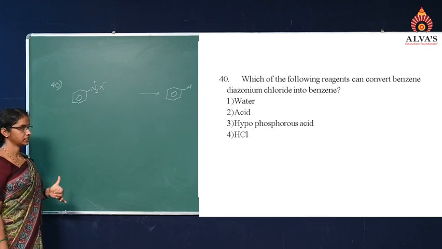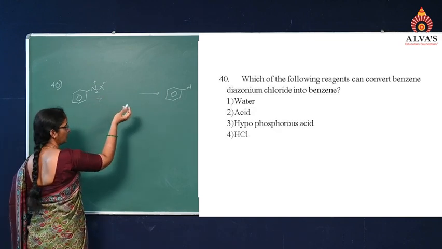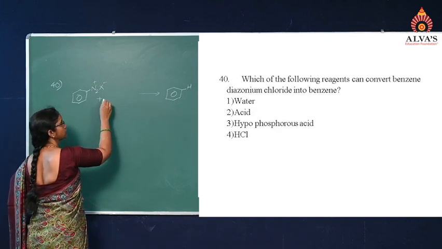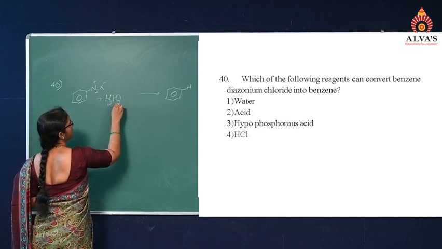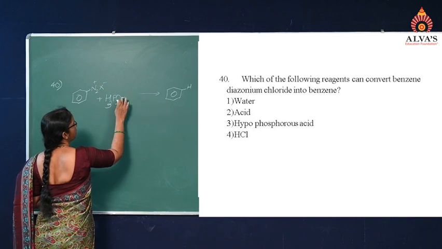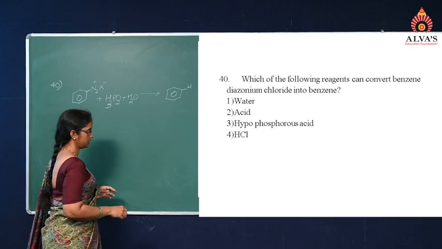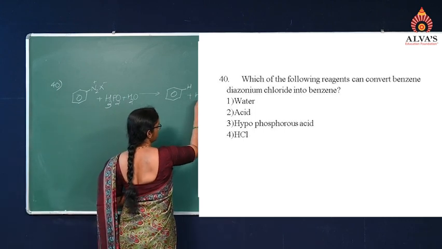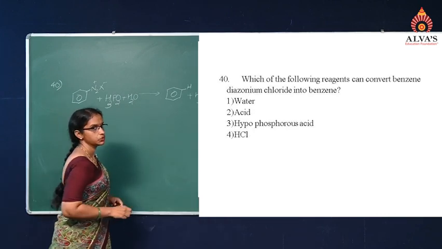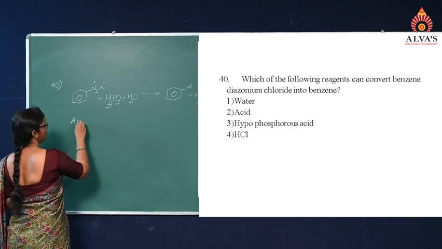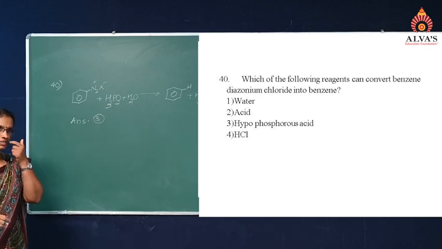For reduction, when diazonium salts are treated with alcohol or with hypophosphorus acid, H3PO2 plus water, it undergoes reduction to give benzene with H3PO3 plus nitrogen. So, the best choice for this is option third.